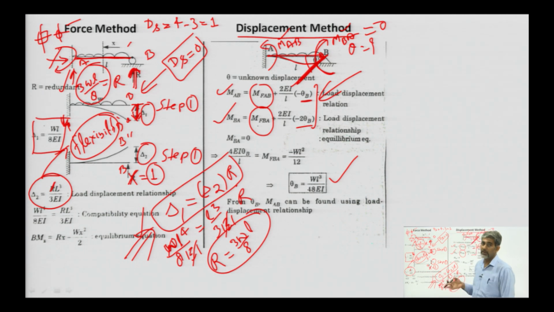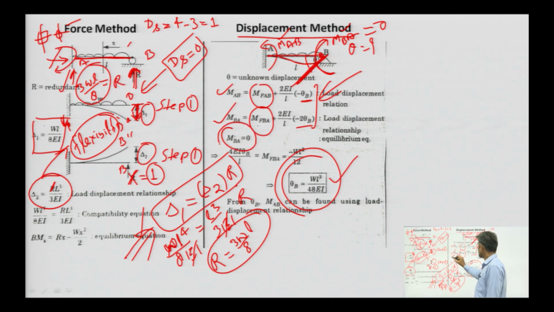We also have a different method to find the additional equation. So, what is the additional equation? The additional equation is the equilibrium equation, M BA equal to 0.